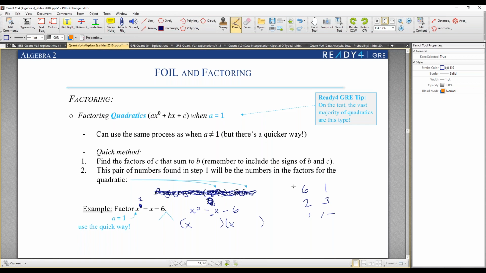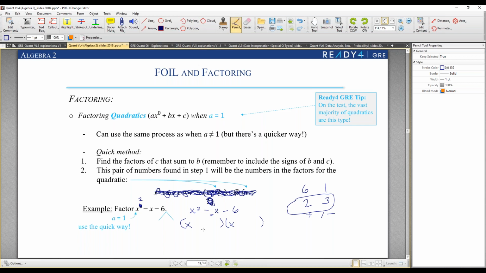Yes, good, Hema. That's right. So we're going to use the 2 and the 3, because they're the ones that have a difference of 1 between them.